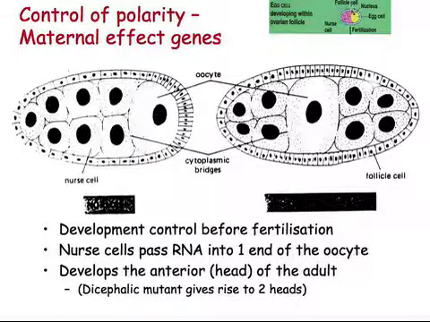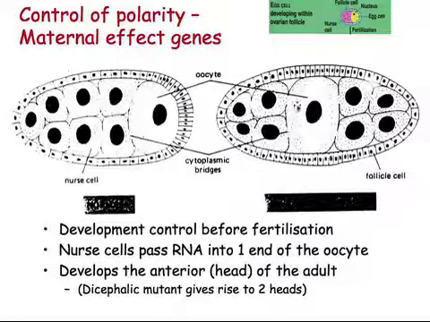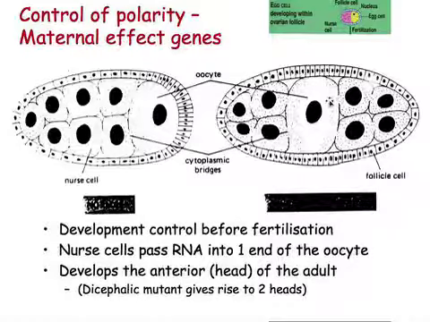Looking at this section of the previous diagram, which is the development of the egg within this follicle, here's the cell that's going to become fertilized to form the Drosophila embryo. And these are the surrounding cells, which are referred to as nurse cells. Between the nurse cells and the cell that will become the egg, there are these cytoplasmic bridges. This leads to a common cytoplasm between these 2 cells.